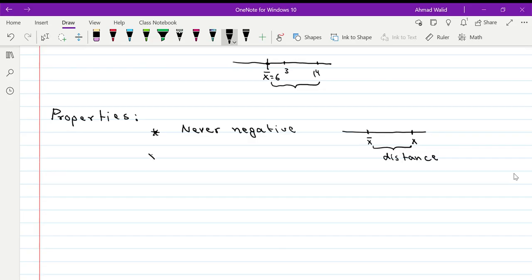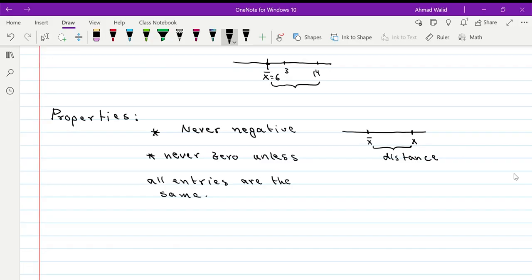Property number 2. Never zero, never can be zero unless all entries are the same. Standard deviation cannot be zero.